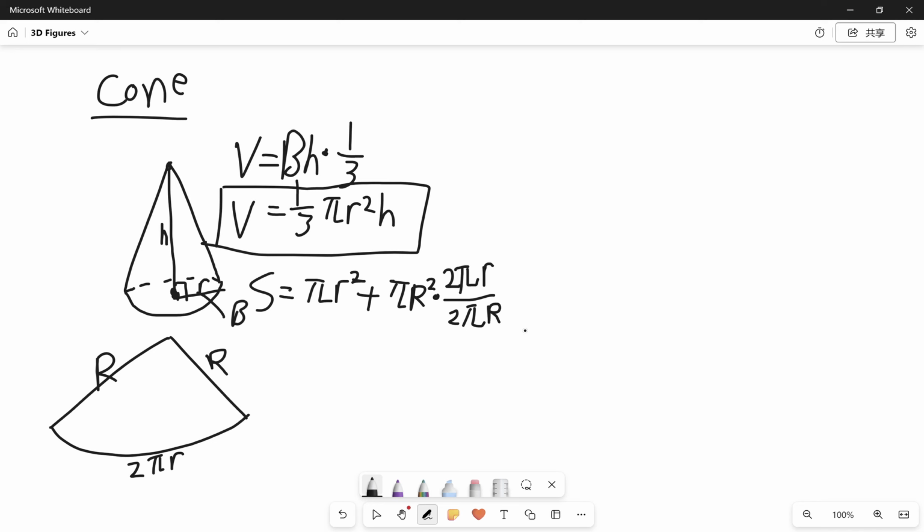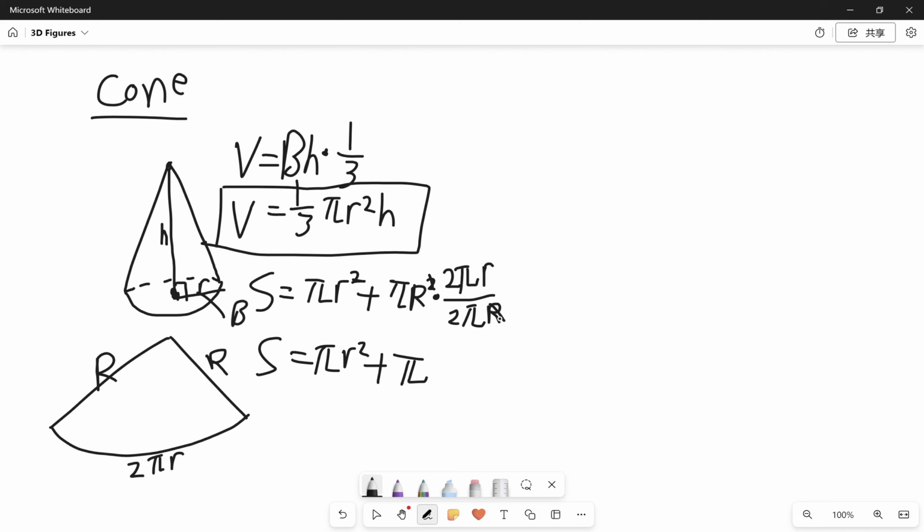So how do you use this? Well, you have 2 pi little r over 2 pi big R. That is the proportion of this sector to the circle.